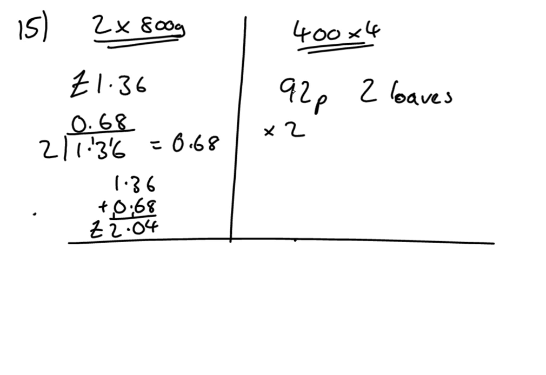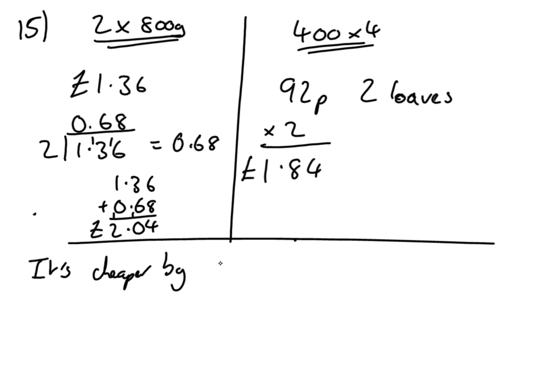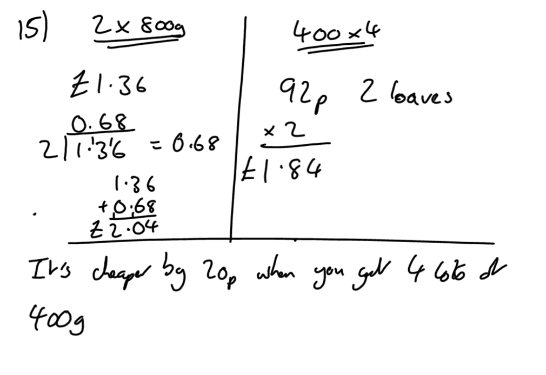Well, double 90 is £1.80, and then 4 on top, so we've got £1.84. So then we say, which one's cheaper? So it's cheaper by, and we work out that it's actually 20p when you get 4 lots of 400-gram bread.